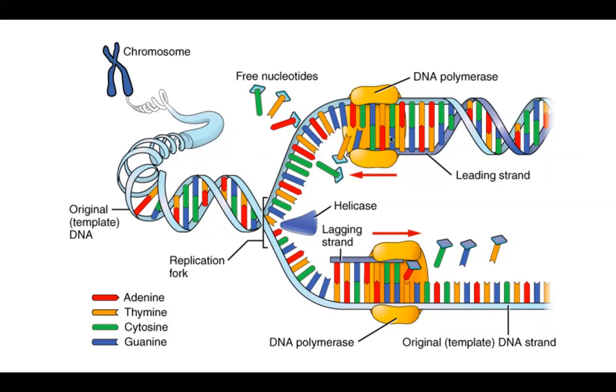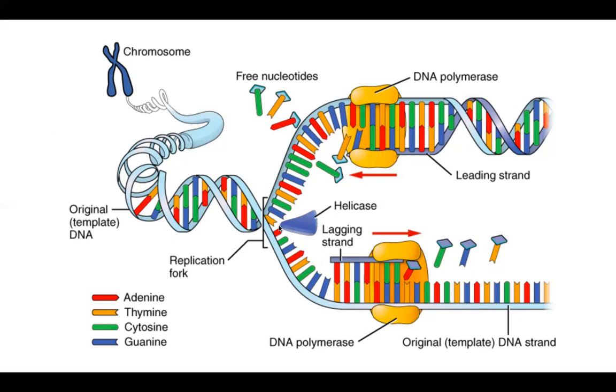So you see this DNA polymerase is just moving in this direction, and it's going and going and going. And as the helicase is in front of it, unzipping, it just keeps going. Whereas on this side, the helicase has unzipped, and so it's going to start here and move its way down. And when it gets to the end, the helicase will have unzipped some more. So it goes back to where it's now unzipped and fills that in.